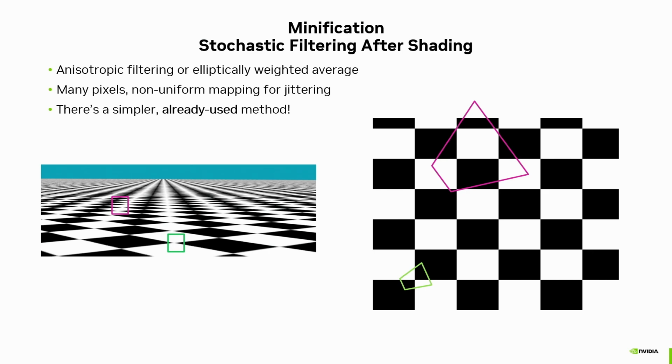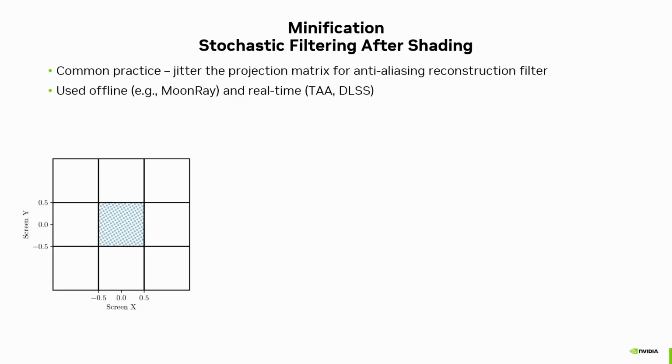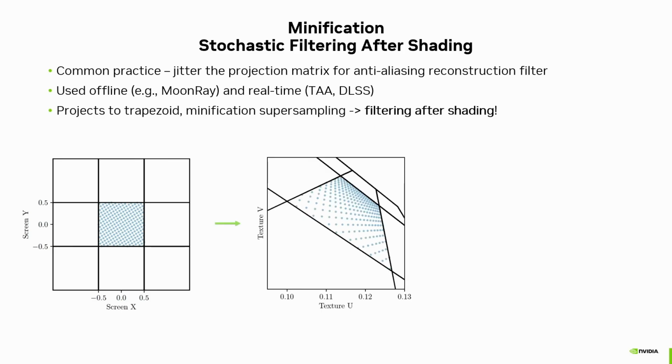And we could use exactly the same approach for minification, finding projected ellipsoids or trapezoids in the UV space. But there's a much simpler method that most of you who work in rendering probably already use. Namely, if you jitter the camera projection matrix for your anti-aliasing reconstruction filter, like TAA or DLSS, or it's even used in offline renderers for ray jittering, this projects in the UV space, texture space, exactly to the coverage that we want for minification.